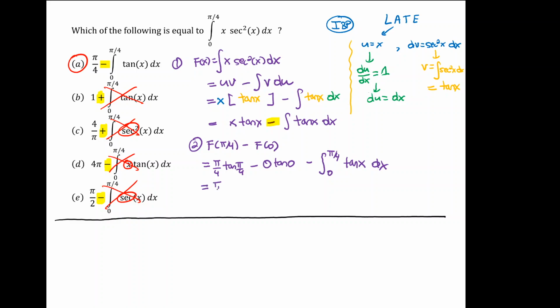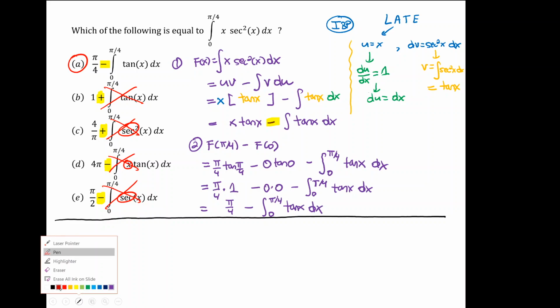Tan of pi over 4 is 1. Tan of 0 is 0, not that it matters, it's multiplied by 0. And we get exactly what's inside the expression, pi over 4 minus integral from 0 to pi over 4 of tan of x dx.